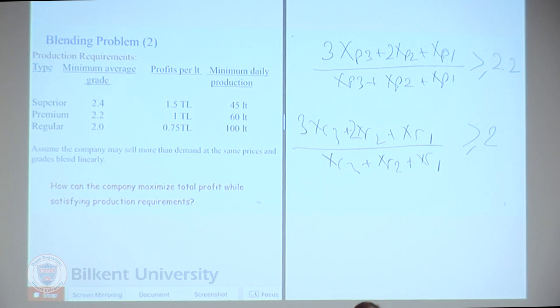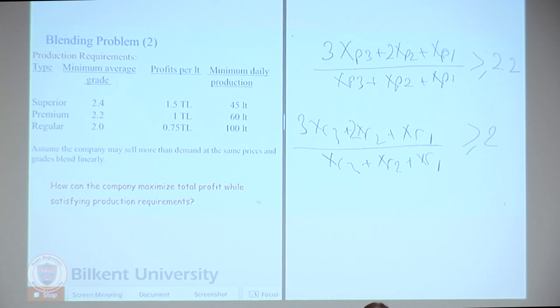Then put 10 kilos in P1, you got it? So the optimization decides how much to use where. I'm just putting the minimum requirements in there, okay? Because it has to sell 100 liters of regular too. If I'm saying that only if it is less than 2.2 can it be regular, I may end up with infeasible solutions.